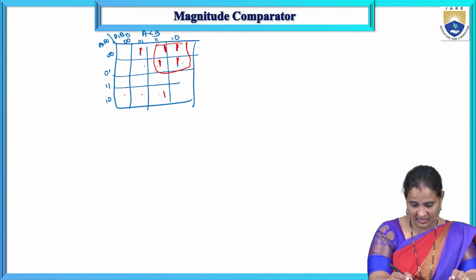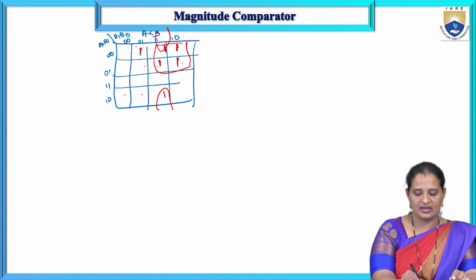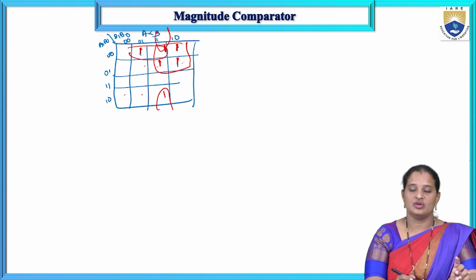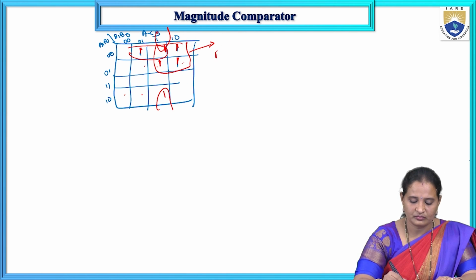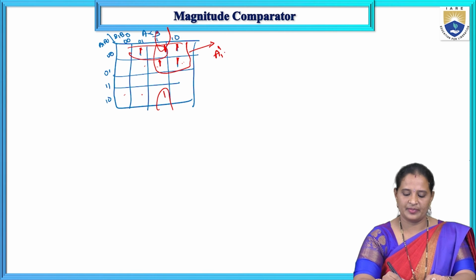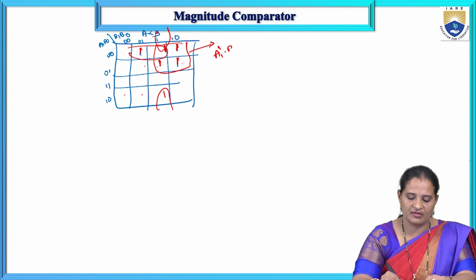And then similarly I can form a pair with these two, and even I can form a pair with these two. So now the expression for this one is A1 complement and B1.